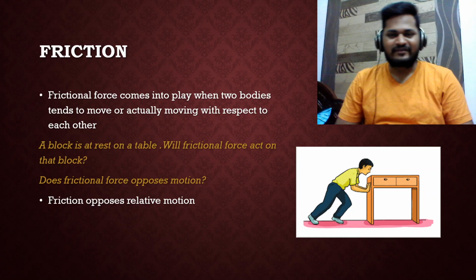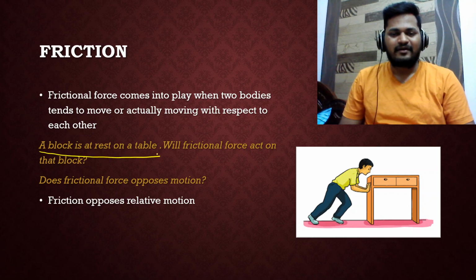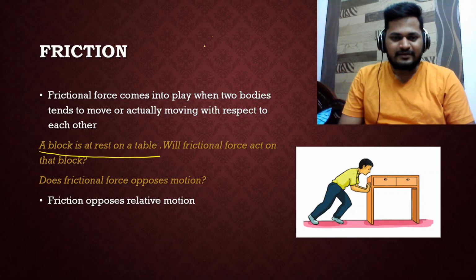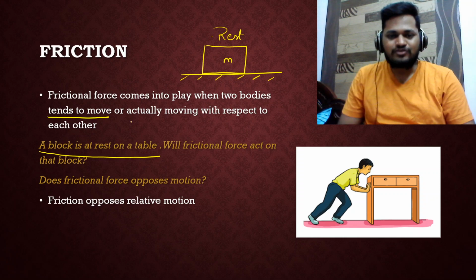So there is a question. If a block is at rest on a table, will frictional force act on the block? There is a block which is just lying on a surface at rest. Will friction act on it? From the definition, what does it say? If the bodies tend to move or are actually moving with respect to each other, is either case happening?